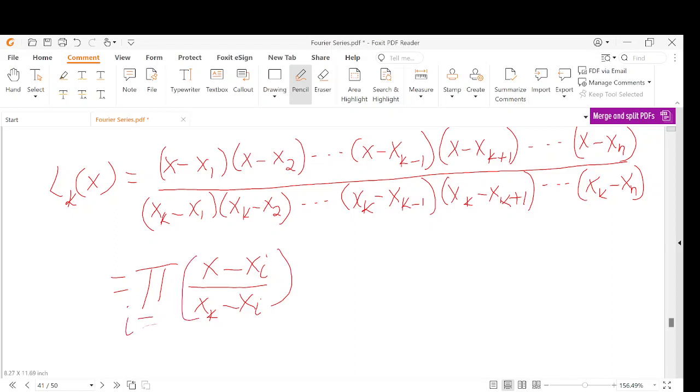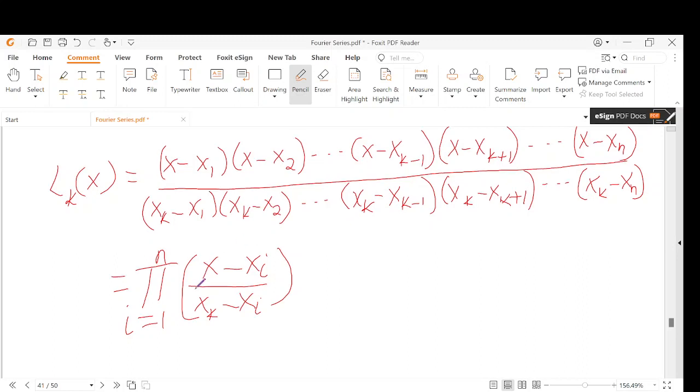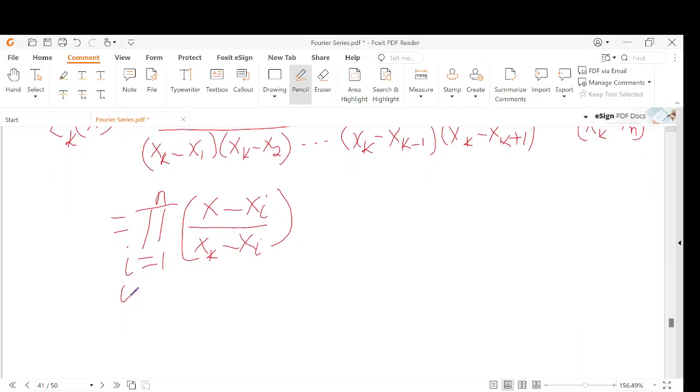So i takes the values from 1 to n, so that when i is 1, we shall have in the numerator x minus x1, x minus x2, all the way up to x minus xn. But there is one factor which is not there, x minus xk. That one is not included. So it means that i will not take the same value as k. So we can write here i is not equal to k.